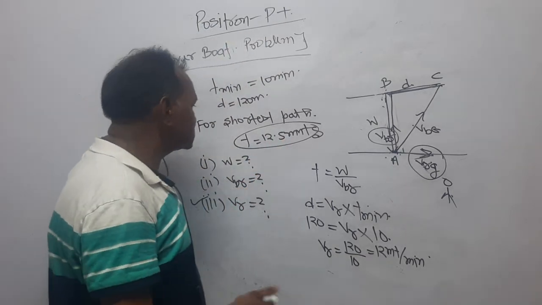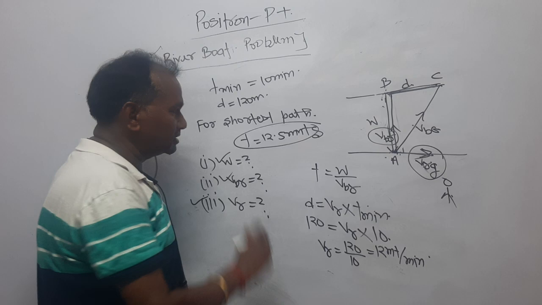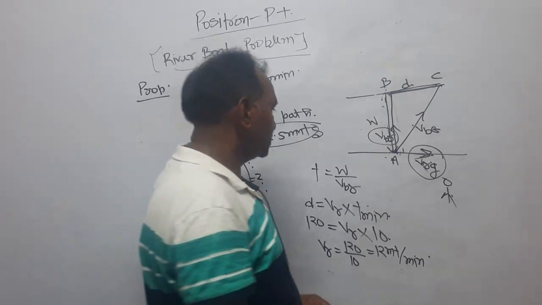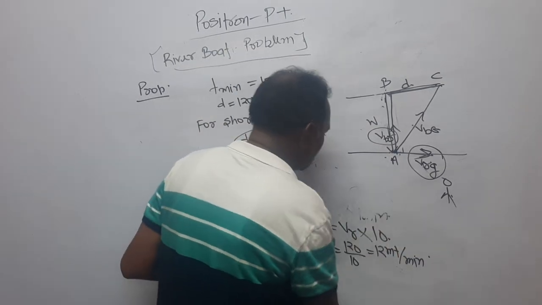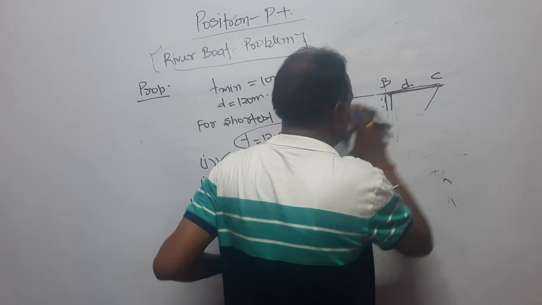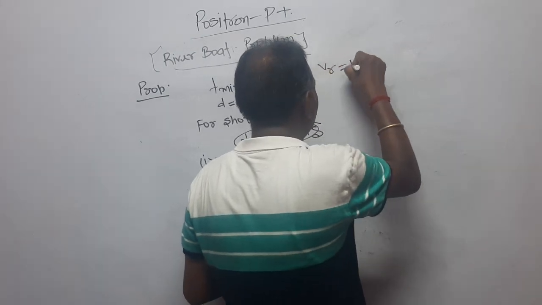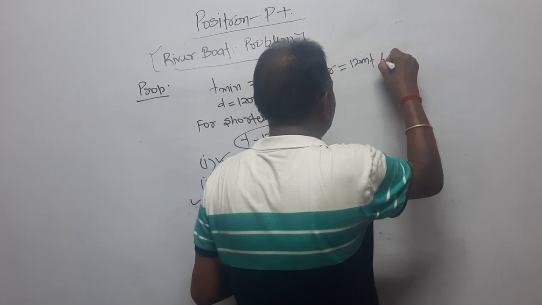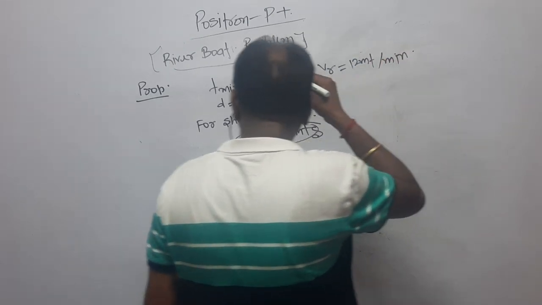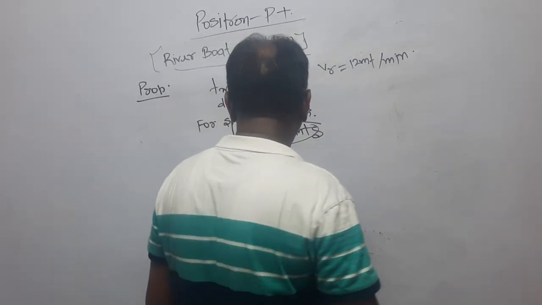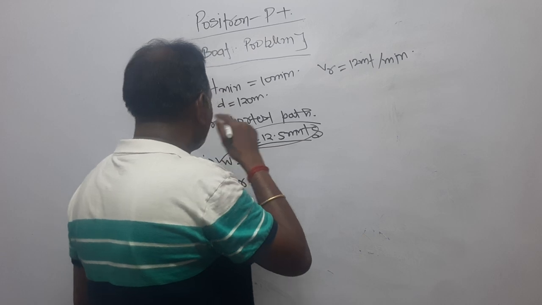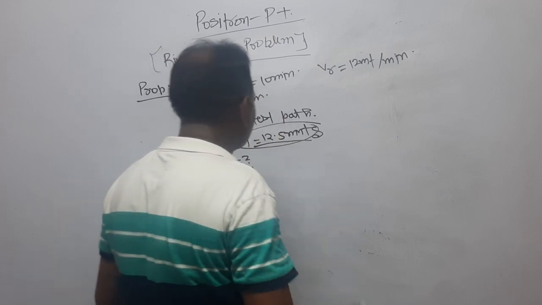Now the two things we have to find out, right? Now look here, dear student. Velocity of river you find out, and that is 12 meter per minute. Now for the shortest path, time taken is that much and this is that much.